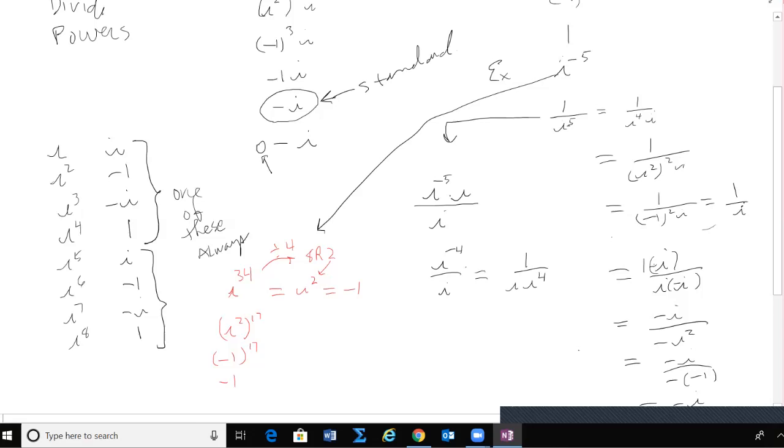So let's try another one. Let's do i to the 56, for example. Well, divide that 56 by 4. If it's easily done mentally, that's 14, right?